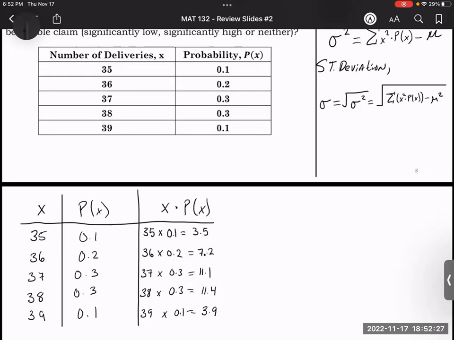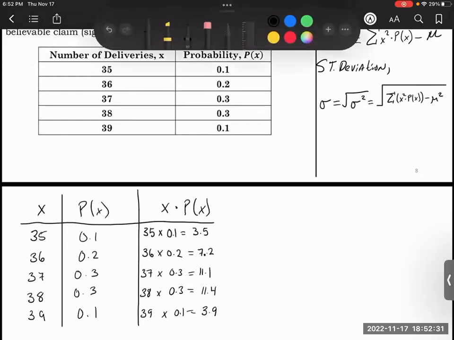Okay, so if you want the mean, all you have to do is add these values up. You take the sum of x times p of x, so you're taking 3.5 plus 7.2 plus 11.1 plus 11.4 plus 3.9, and that will give you the mean.